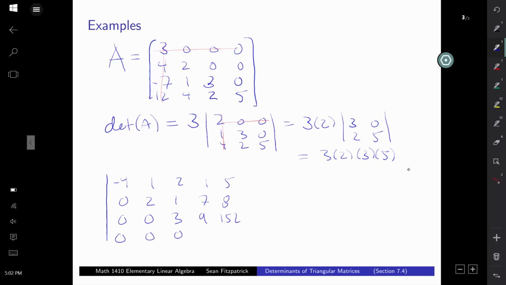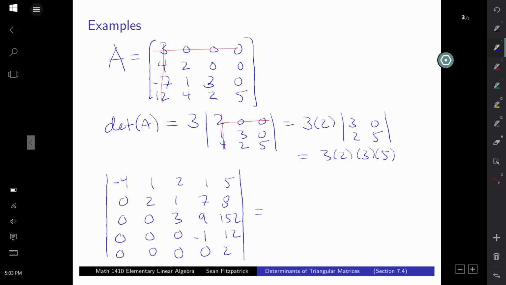Then 0, 0, minus 1, 12, 0, 0, 0, 0. Let's get rid of that last 2. If I wanted to do this determinant, this time the smart money is on expanding along the first column. The Laplace expansion theorem says I can expand along any row or column I want.